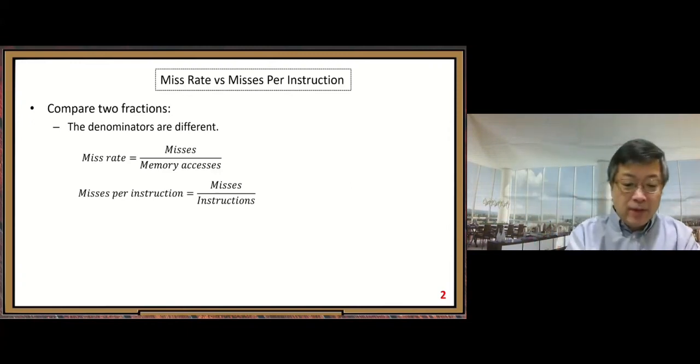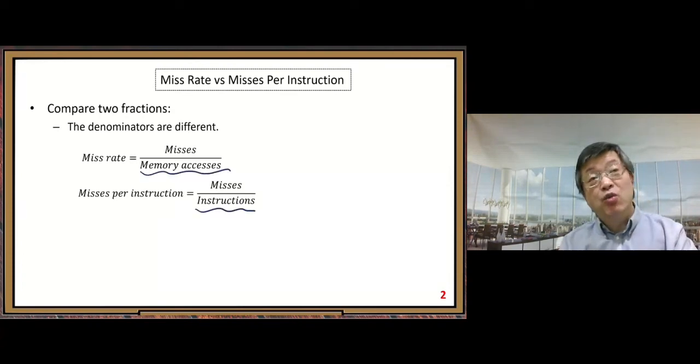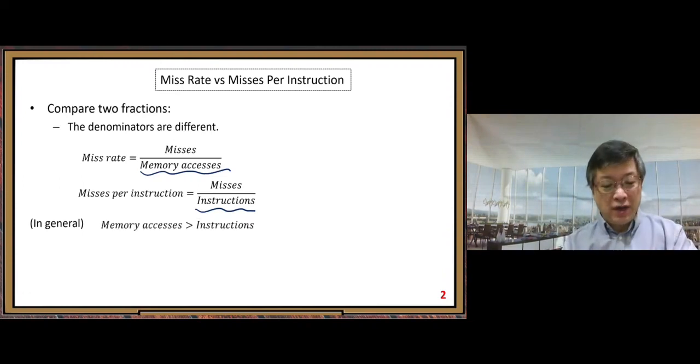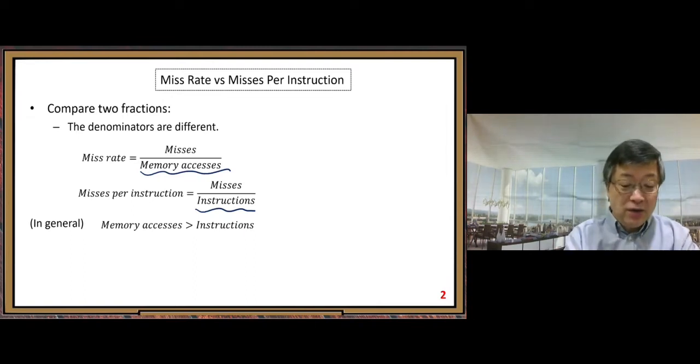Now, look at the denominators. Which one is larger? Which one is smaller? In the usual general case, memory accesses are greater than instruction accesses because you include the data accesses.